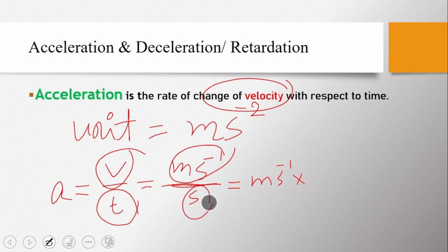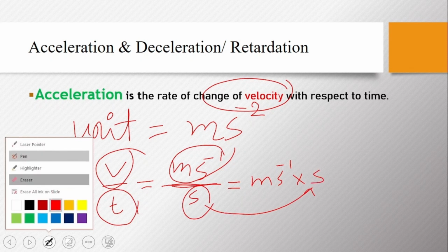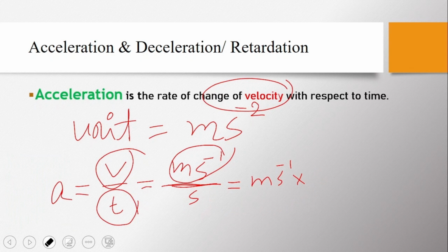So the denominator s will be here as numerator, and here the power of second is plus 1. That is why this power will be minus 1 here, since we have changed its position from denominator to numerator.